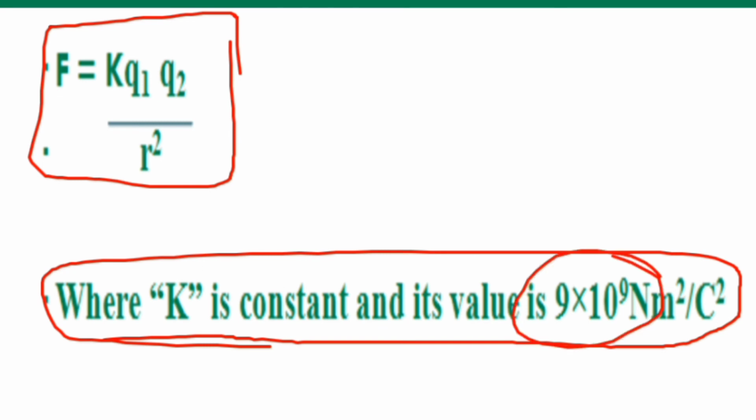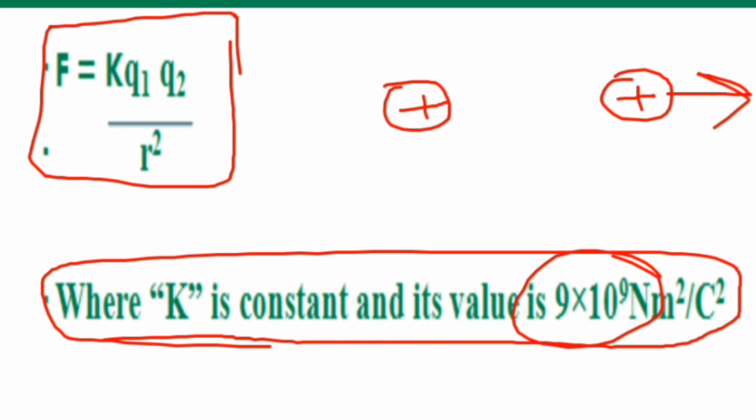This value is very essential to solve the numericals related to Coulomb's law. So if we have two charges, we can find the force of attraction or repulsion between them with the help of this formula of Coulomb force. Okay, thank you very much.